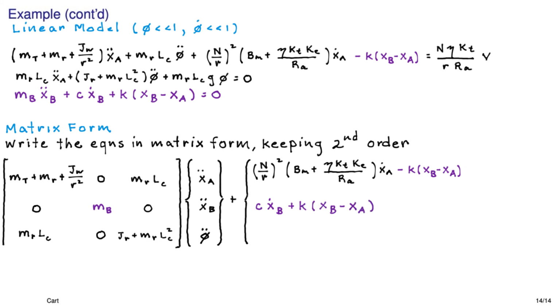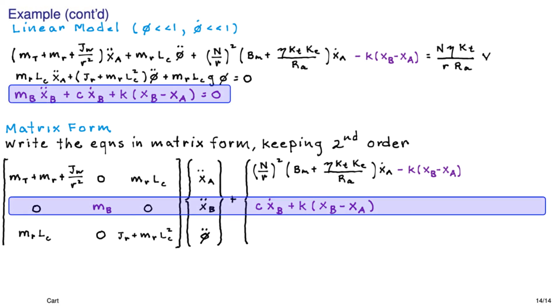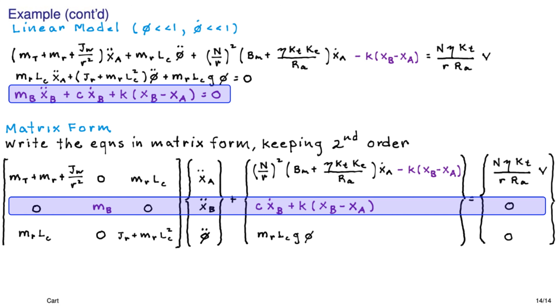Now, one thing I want to point out is that the purple equation, my third equation, is actually the second one when I went into matrix form. That's fine. You can put them in any order you want. And here's the right-hand side, the thing that excites that whole system.